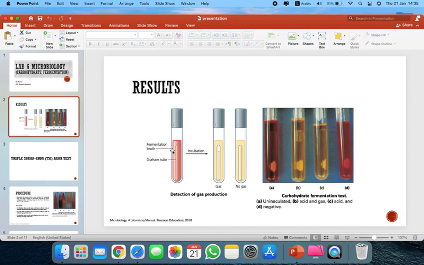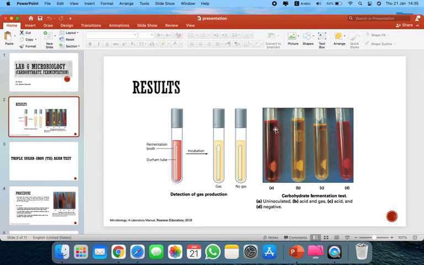Here I have a specific pH, and if the pH changes, the color will change also. For example, here I have yellow color, which indicates an acid, and another color, maybe blue, if there is any alkaline production.